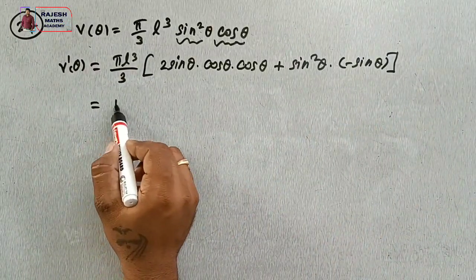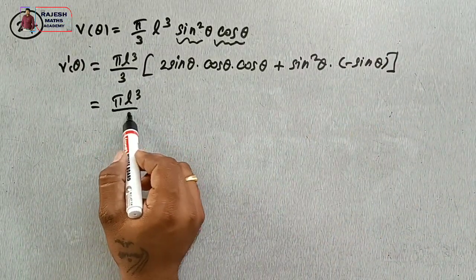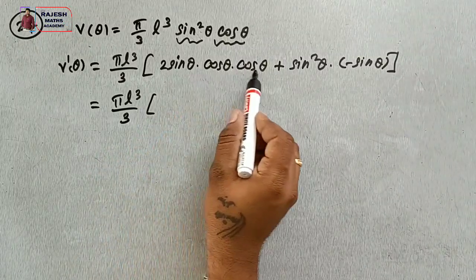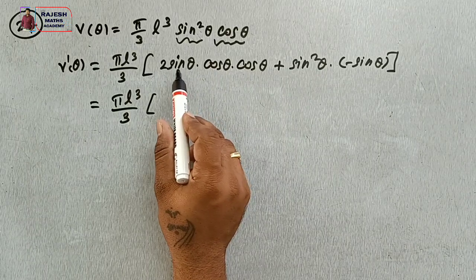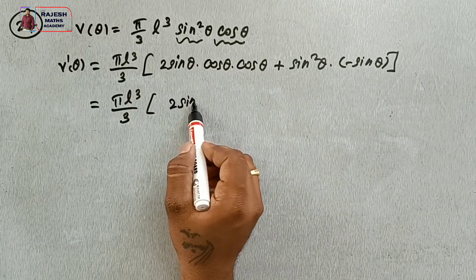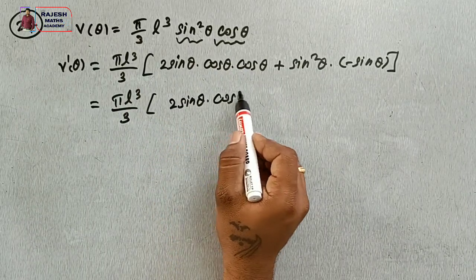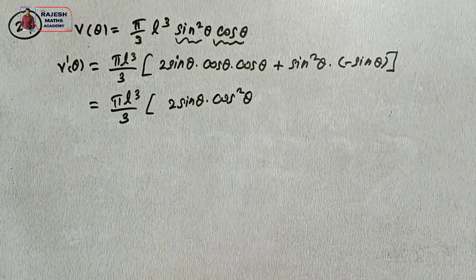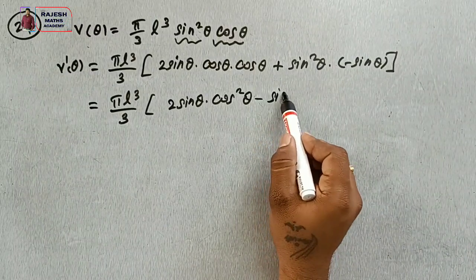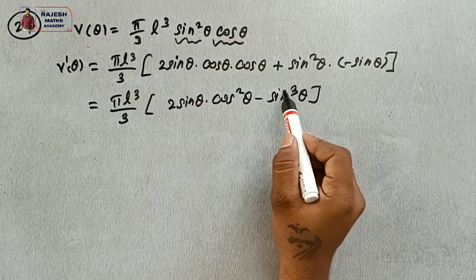Now we multiply this with pi L cube by 3. We will get 2 times sin theta into cos square theta, and here we will get minus sin cube theta.